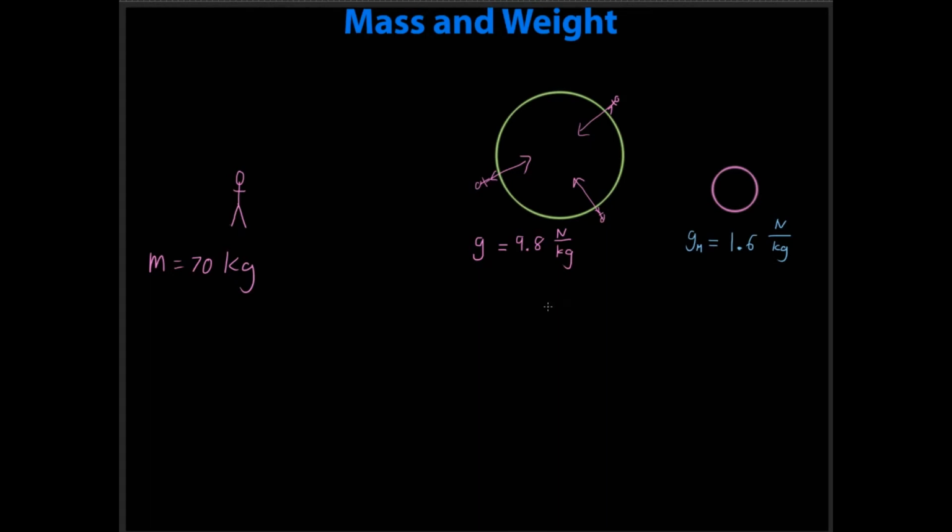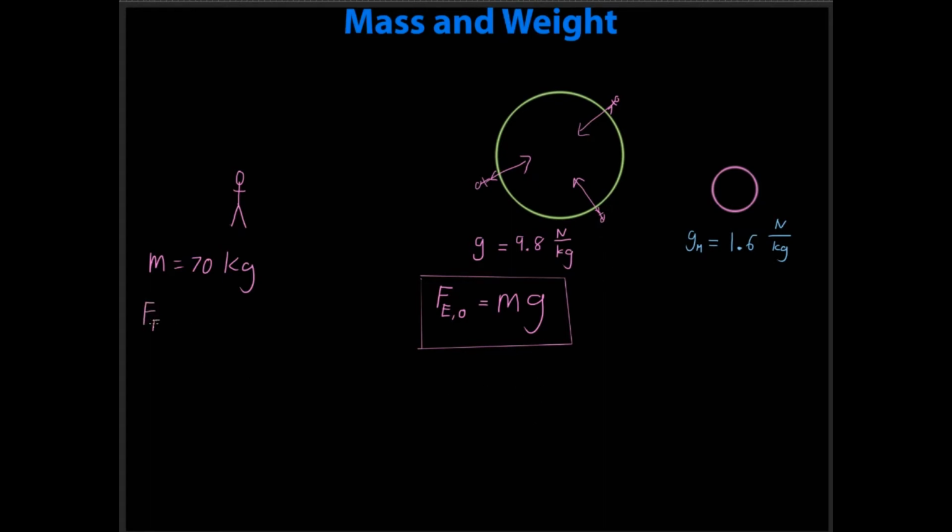Well, with this relationship, I could actually rewrite this like this. Force of Earth on object is mass times g, where g is how much force Earth pulls an object per kilogram as long as you're standing on its surface.